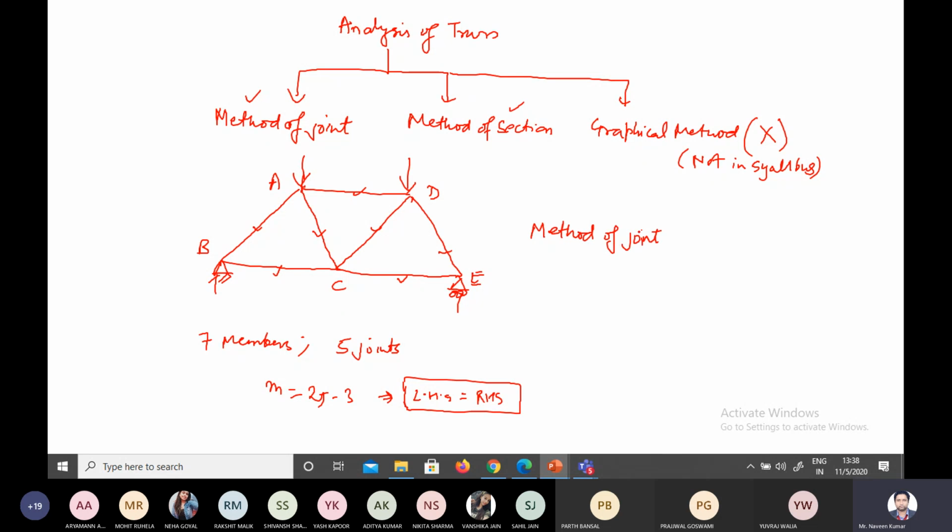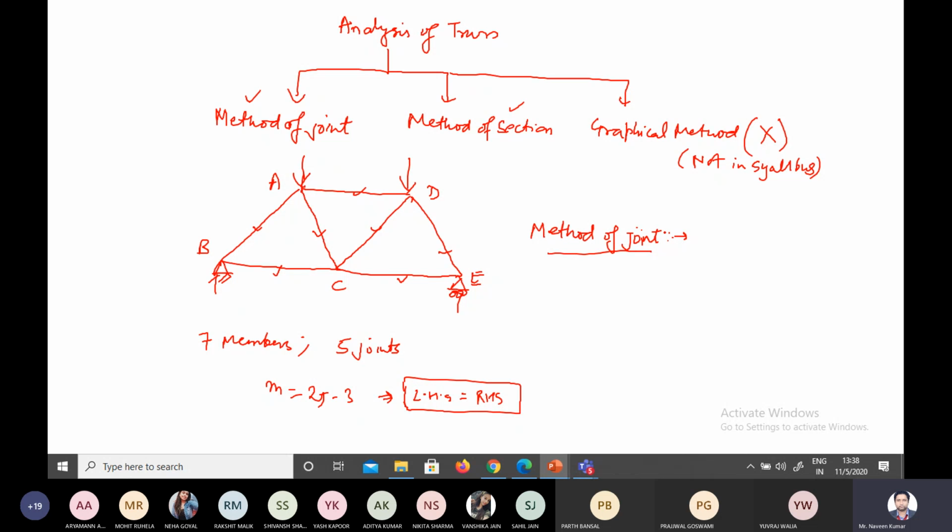Though I explained it at the beginning of this second module, I will tell it once again. When you are solving the numericals, nothing will be mentioned about whether you have to use method of joint or method of section. So you have to identify by the statement of the problem which method to apply.